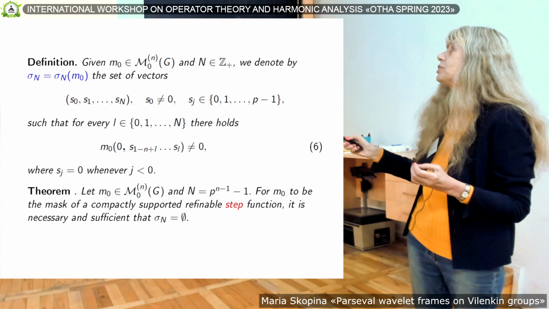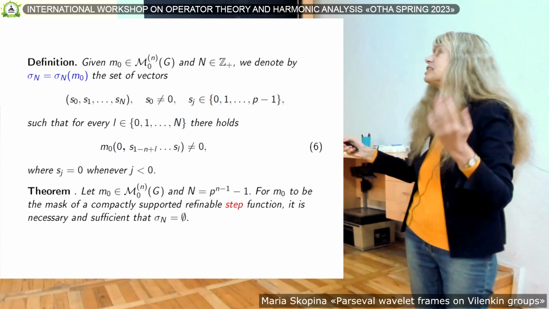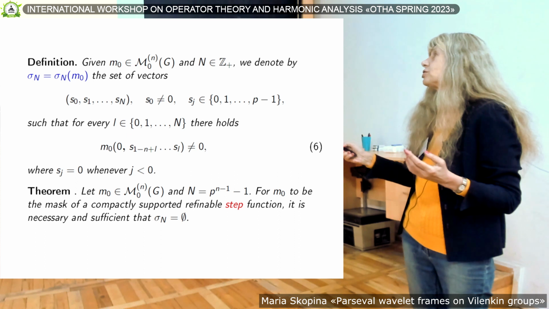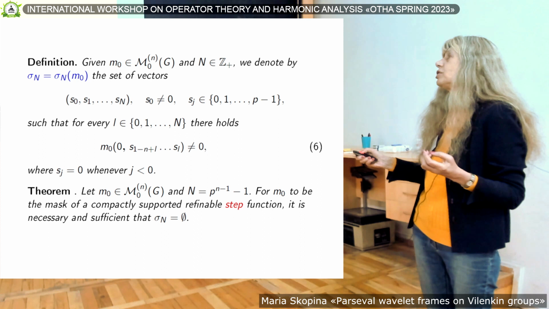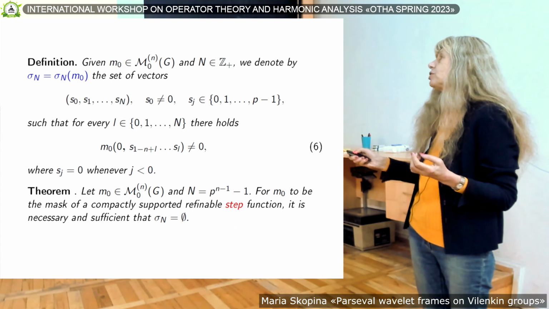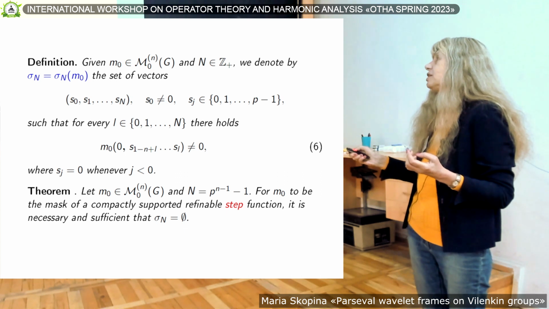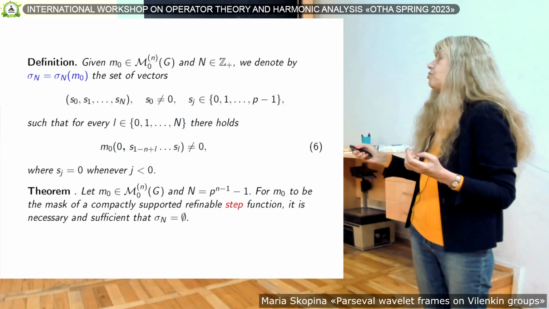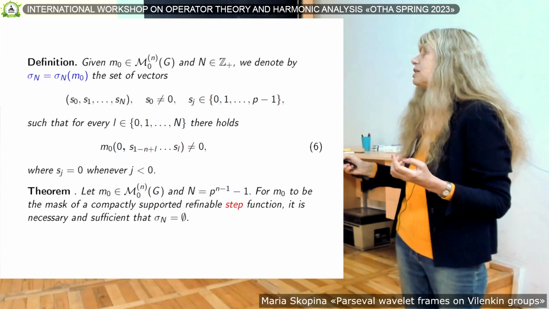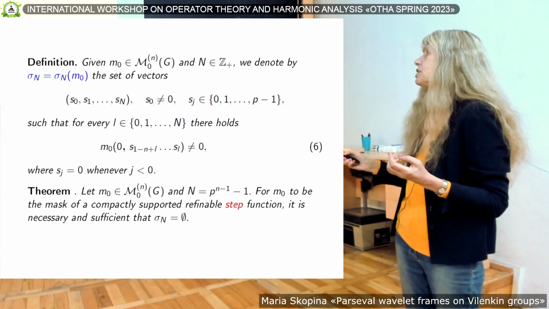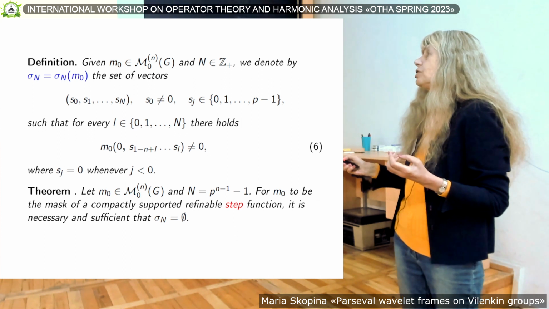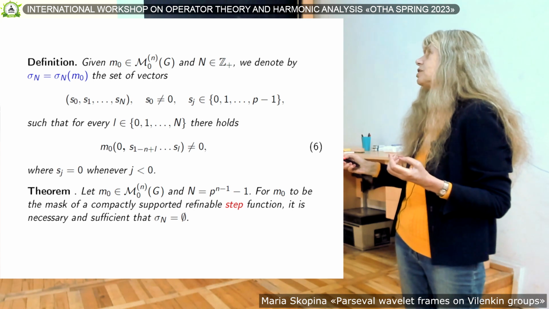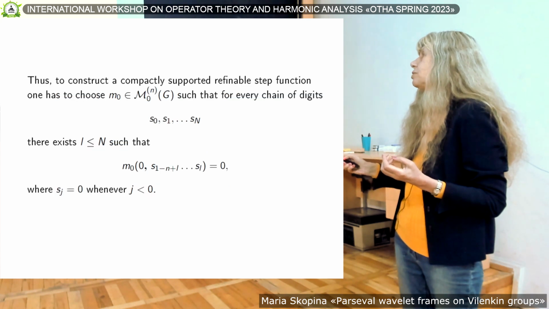So in this case, we say the set of all such vectors is sigma n. And this is the main result. Let M0 be a Walsh polynomial in this class, and let capital N be equal to this. For M0 to be the mask of a compactly supported refinable step function, it is necessary and sufficient that this sigma n be empty.